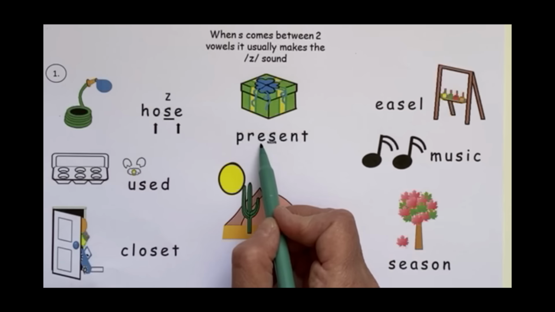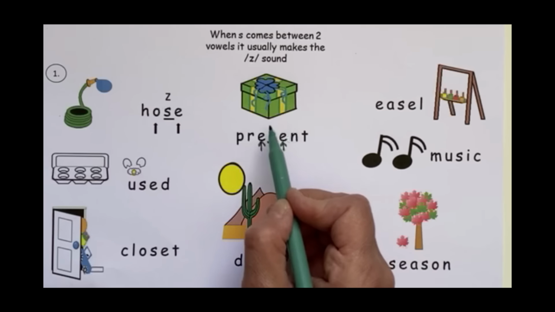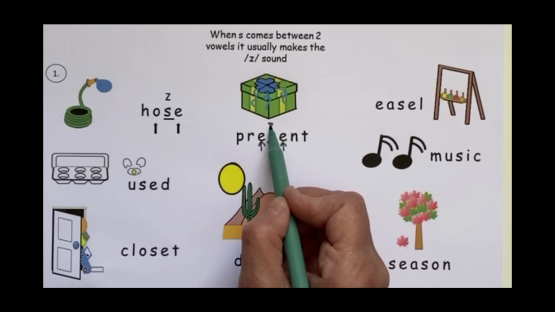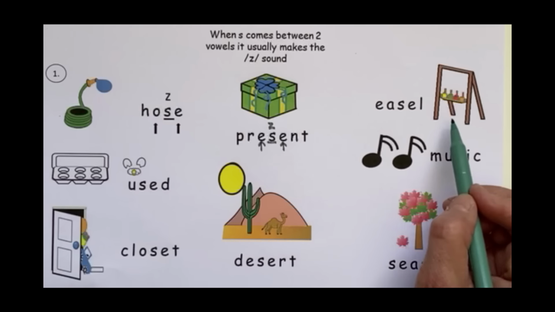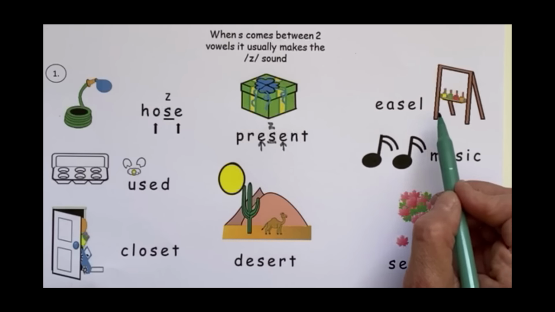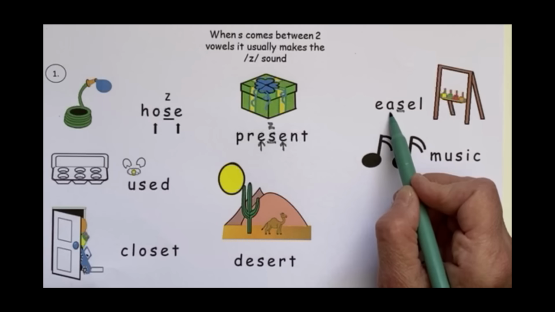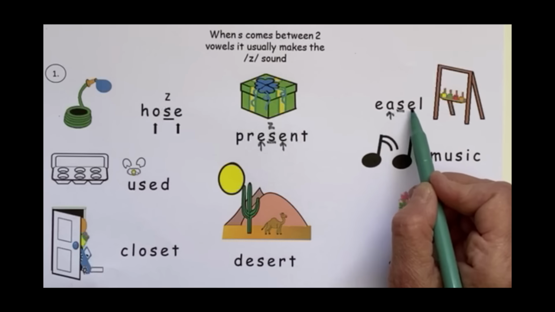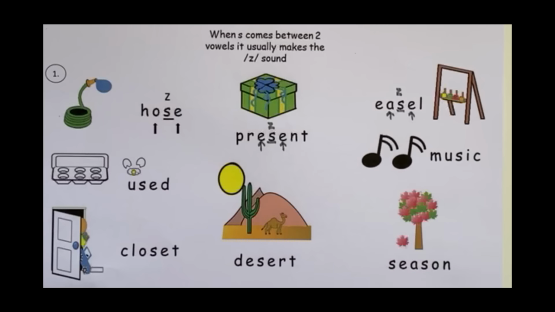It comes between the vowel E and another vowel E, so it makes the Z sound, present. Let's go to the easel. The S is here. It is between the vowel A and the vowel E, so it makes the Z sound.